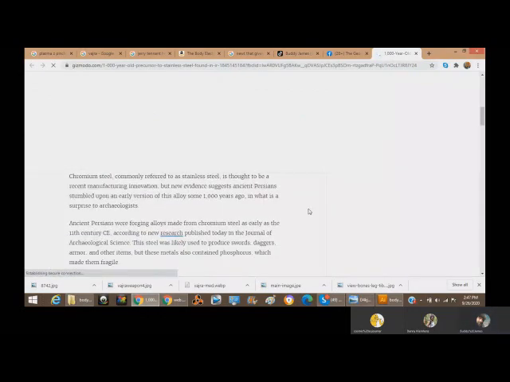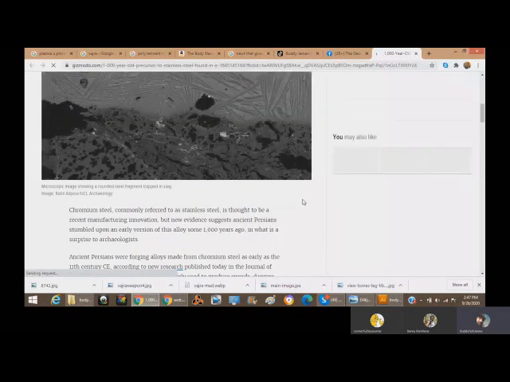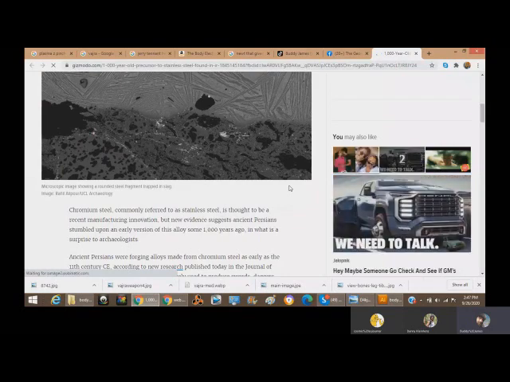Chromium steel, commonly referred to as stainless steel, is thought to be a recent manufacturing innovation, but new evidence suggests ancient Persians stumbled upon an early version of this alloy some 1,000 years ago, in what is a surprise to archaeologists.